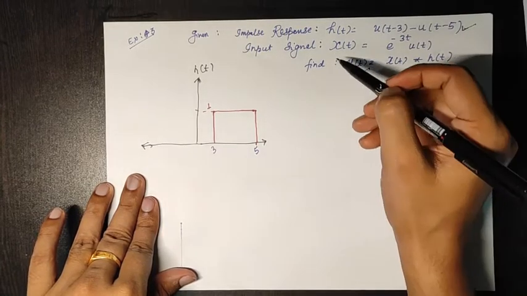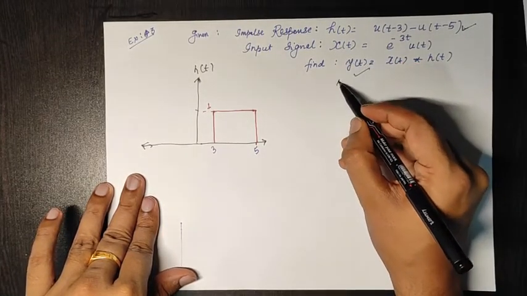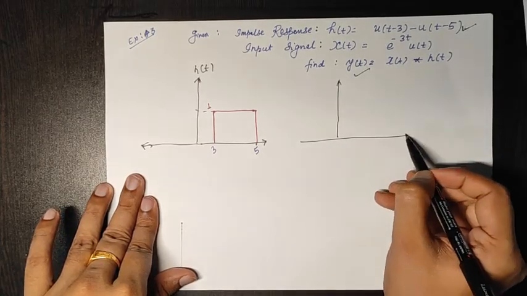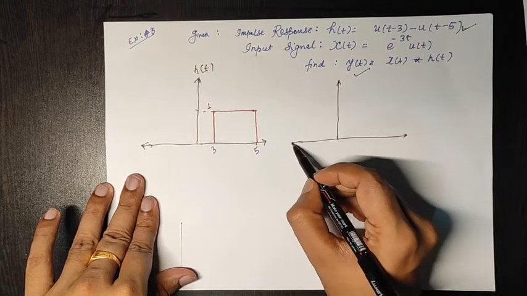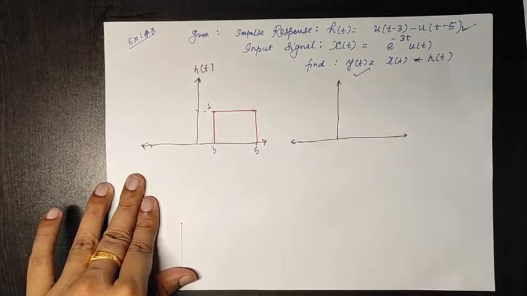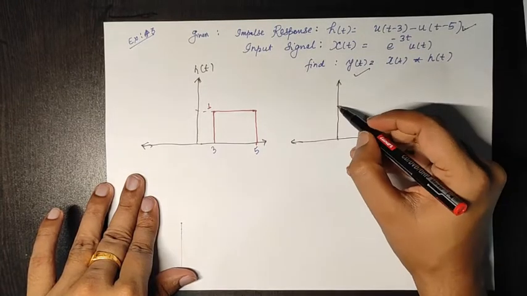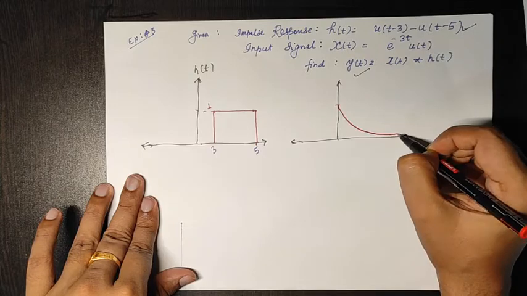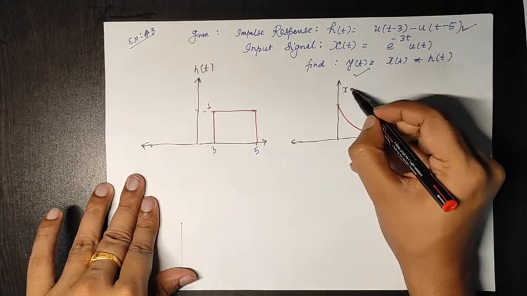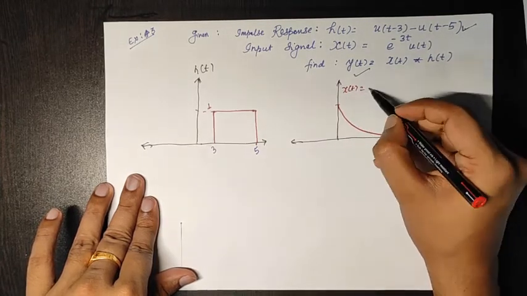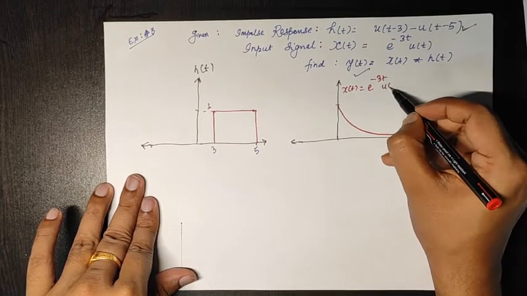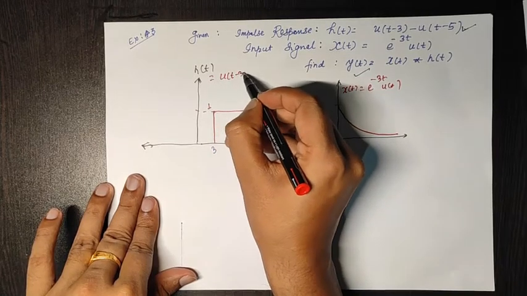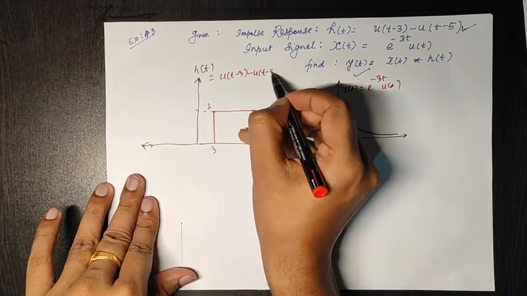And what is x of t? x of t is e to the power minus 3t u of t, and h of t is u of t minus 3 minus u of t minus 5.